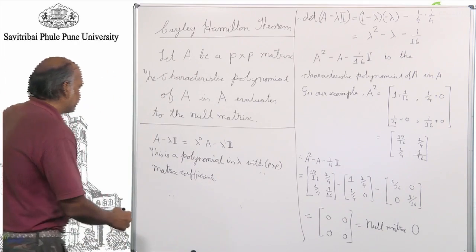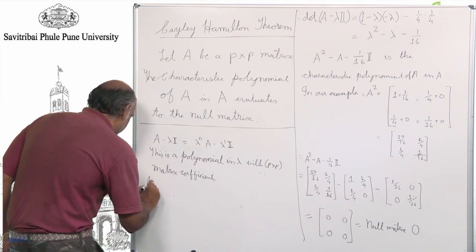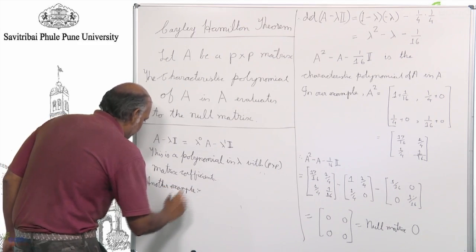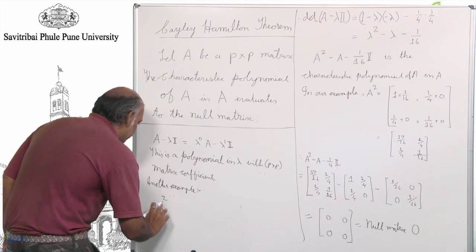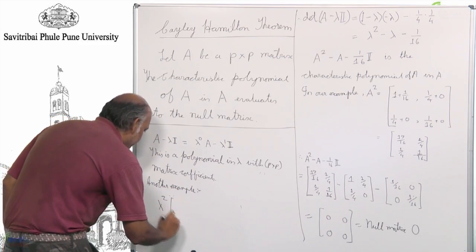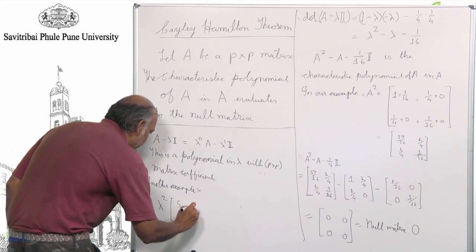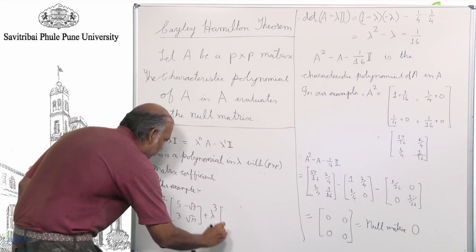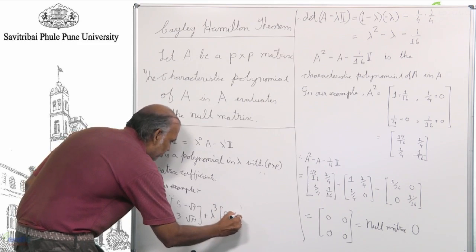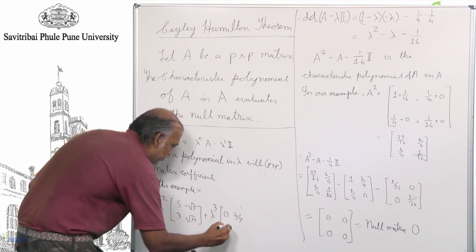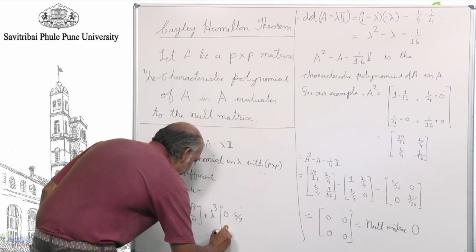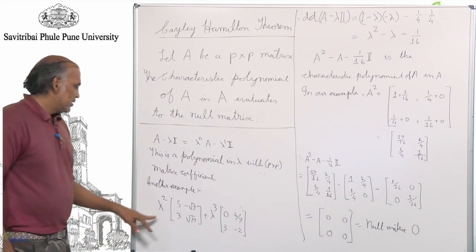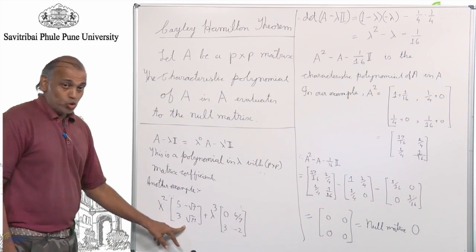Another example: lambda square times the square matrix P by P, P is 2 here.